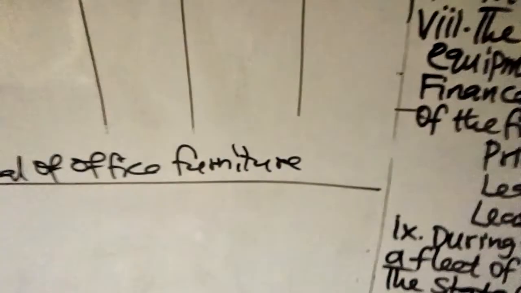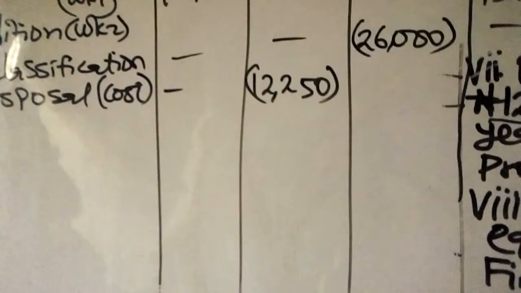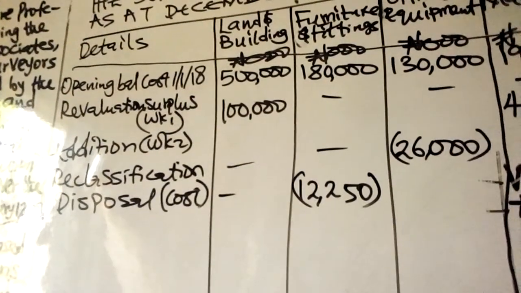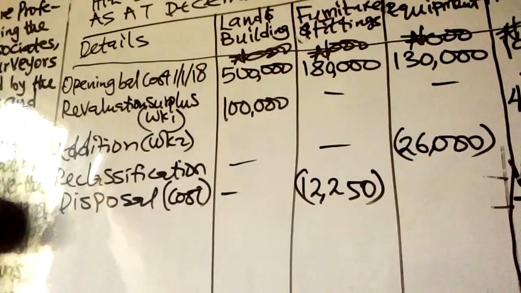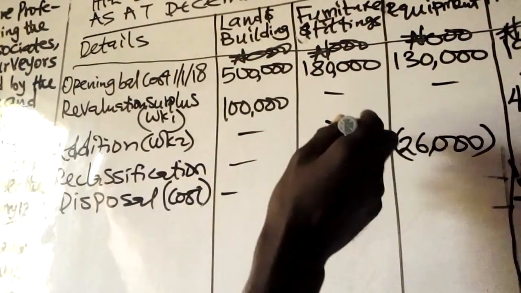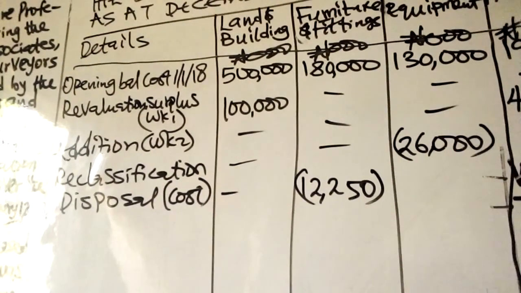So, where you have addition: no addition to land and building, no addition to furniture and fittings, no addition to office equipment.